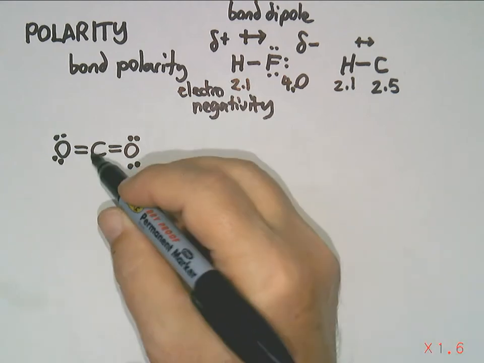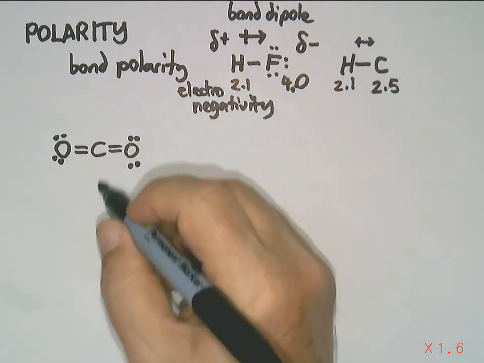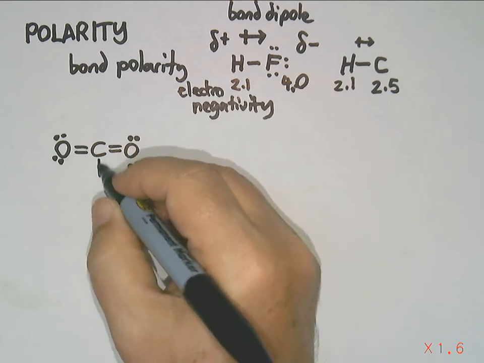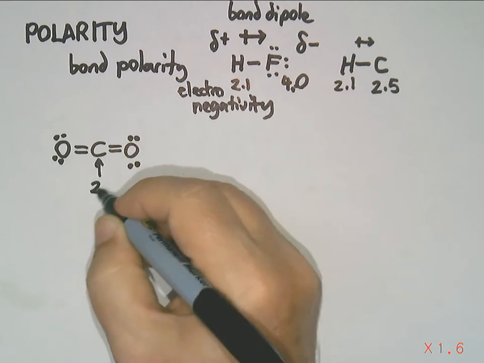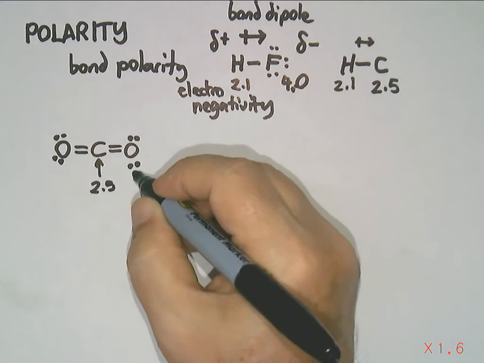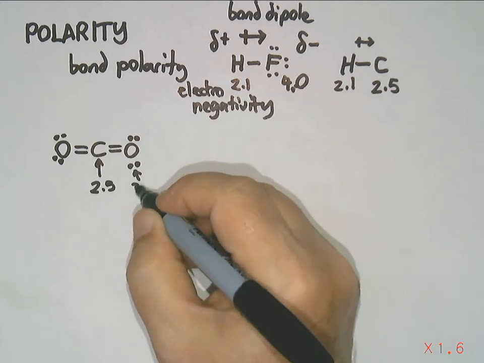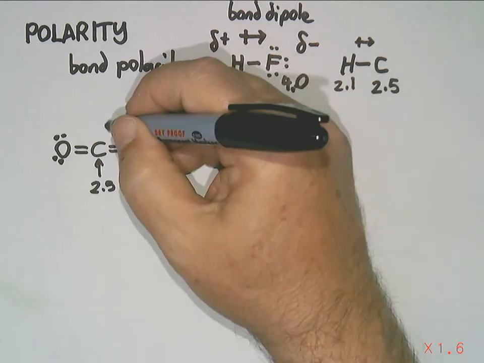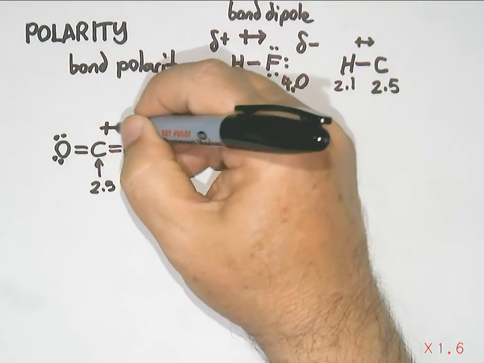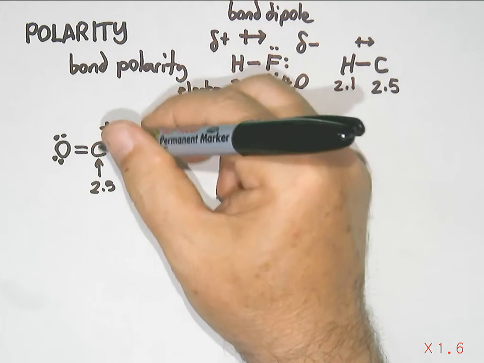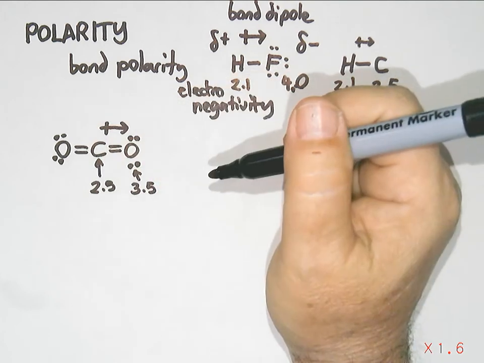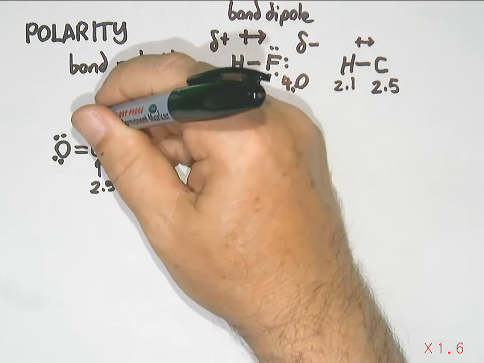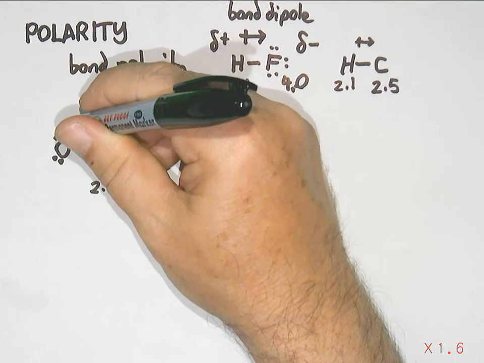Now, I can look up the electronegativities for these. Carbon has got an electronegativity of about 2.5, and oxygen has got an electronegativity of about 3.5. So there's going to be a bond dipole that is going to go this way. It's going to point from the carbon to the oxygen. But now look, there's another bond dipole that points the other way.